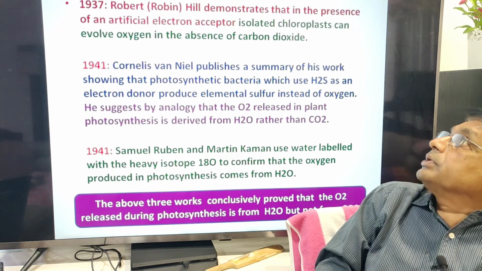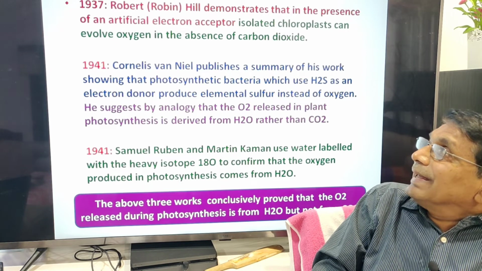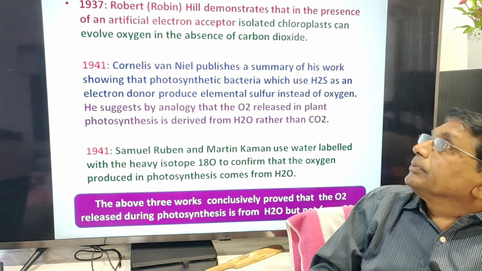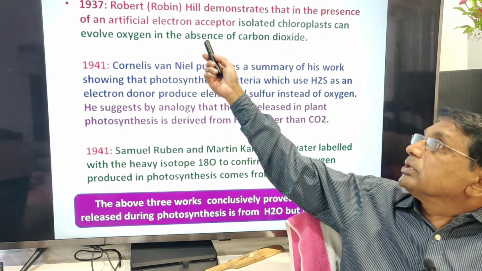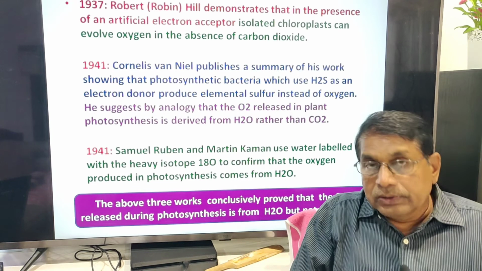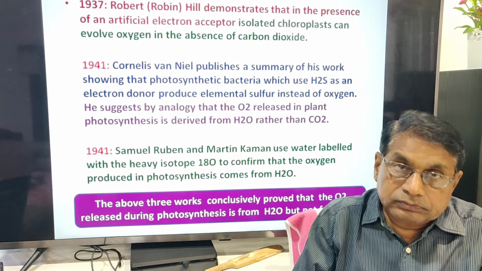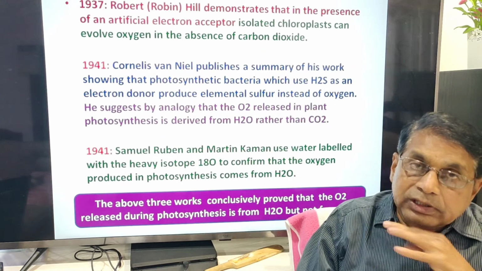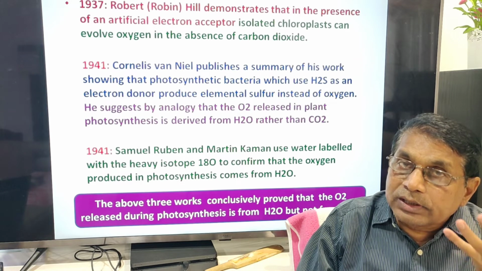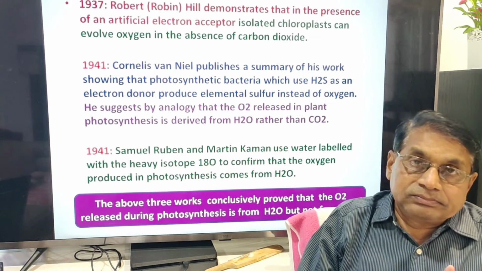Robin Hill demonstrated that in the presence of an artificial electron acceptor, isolated chloroplasts can evolve oxygen in the absence of carbon dioxide. So again, this is a very important finding. He used some electron acceptors. Until then, people thought that oxygen released during photosynthesis comes from carbon dioxide.